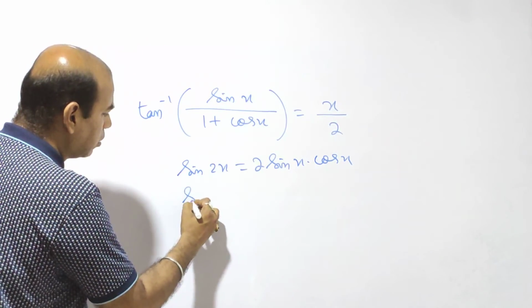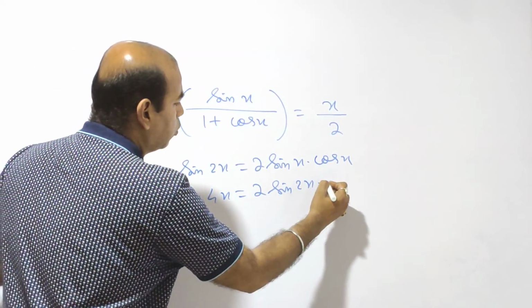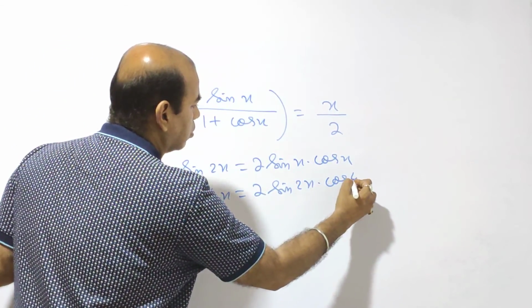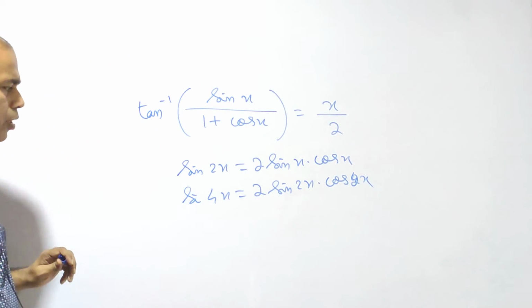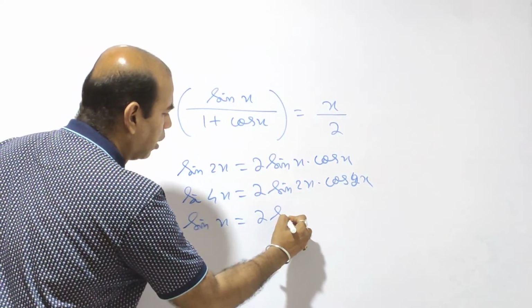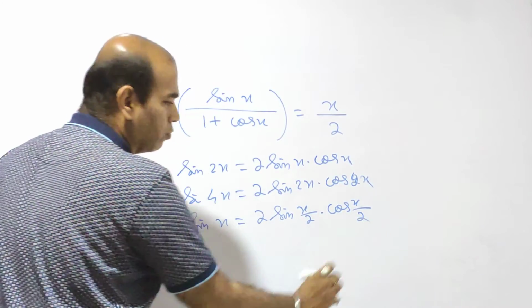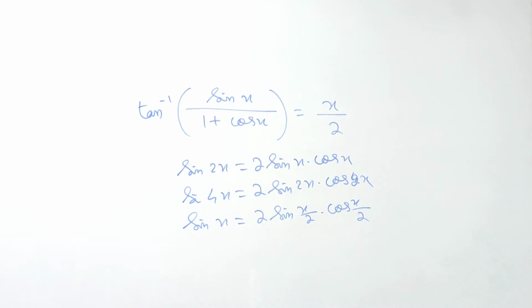If I write sin 4x, I will write 2 sin 2x into cos 2x. If I write only sin x, I can write it as 2 sin x by 2 into cos x by 2.